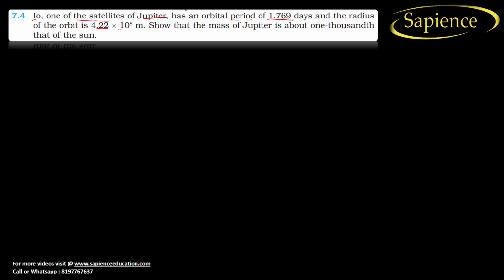So we need to find this. Let us consider there is a Jupiter, this is Jupiter, and this is the satellite Io, and the distance is given.